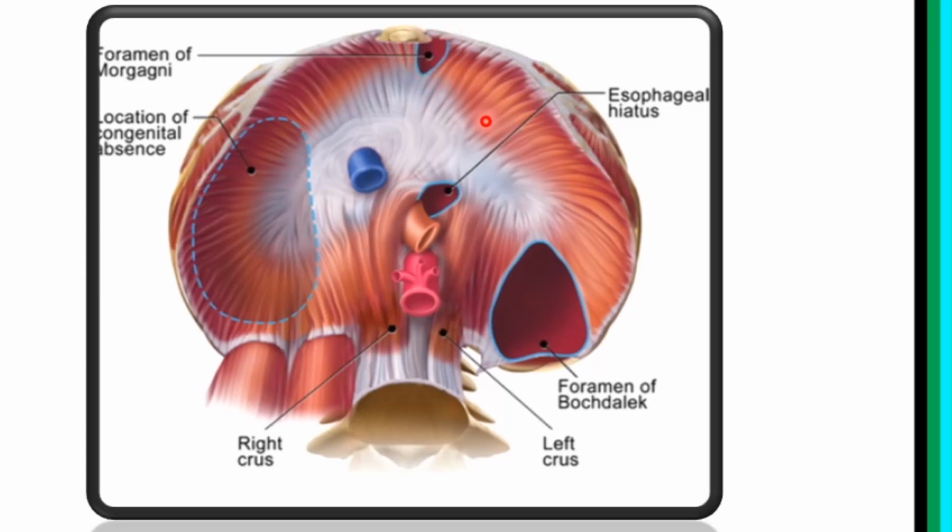Now, this is a gap or an opening in the diaphragm that can be seen between the lower part of the xiphoid process and the seventh costal cartilage. And this opening will be transmitting the superior epigastric artery and vein. And then we'll also be seeing some lymphatics passing via this opening.